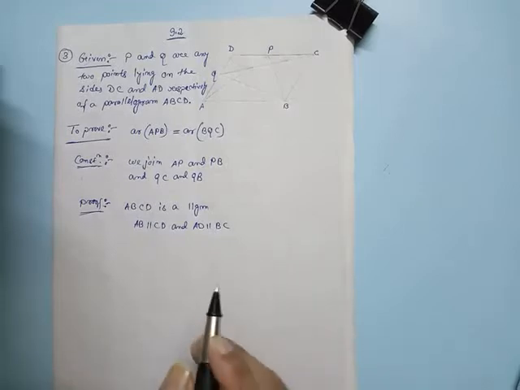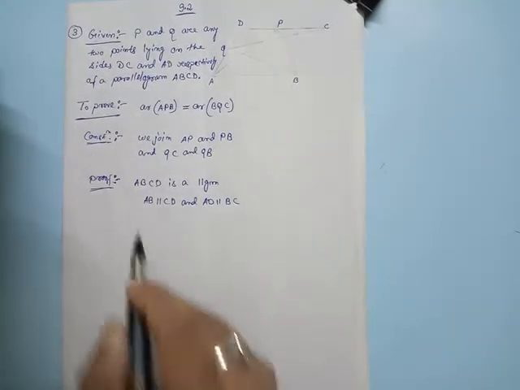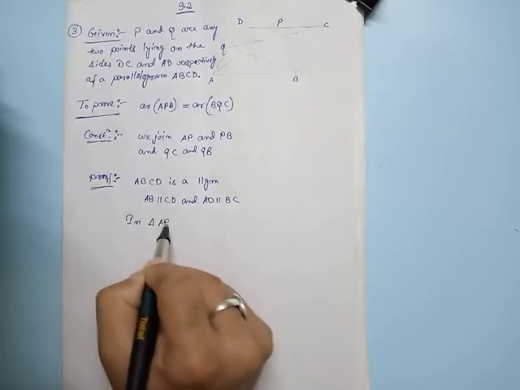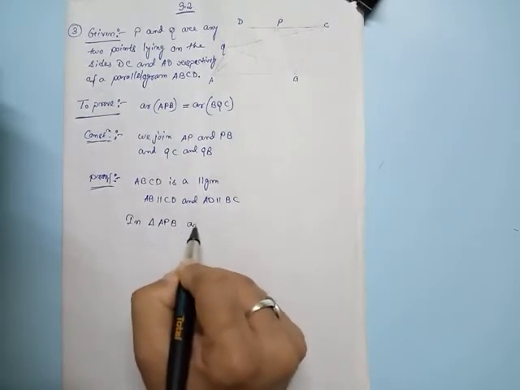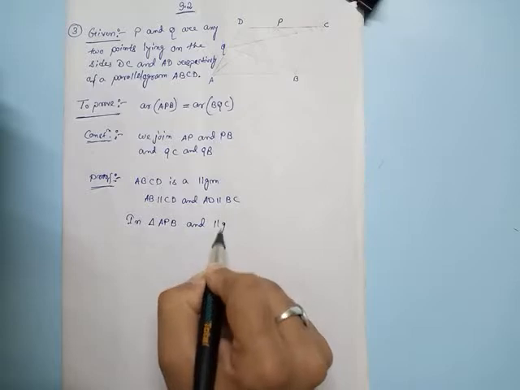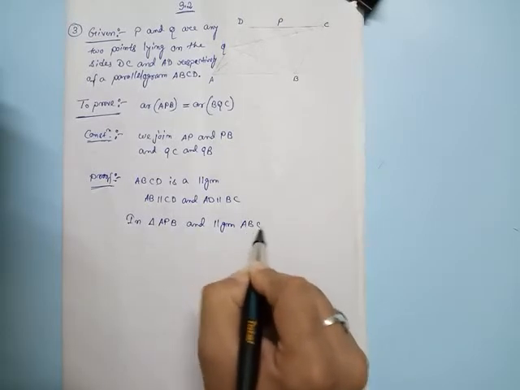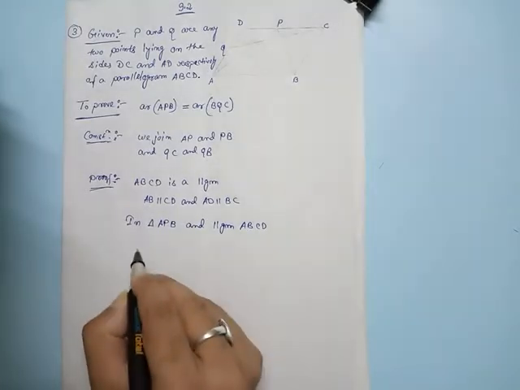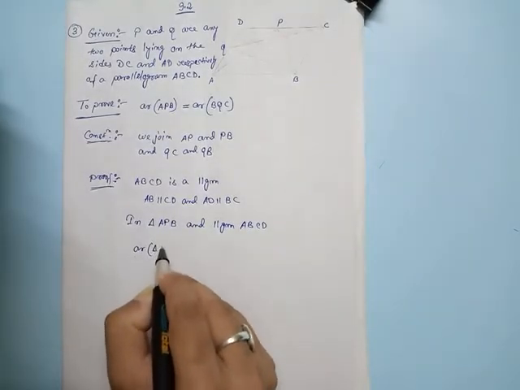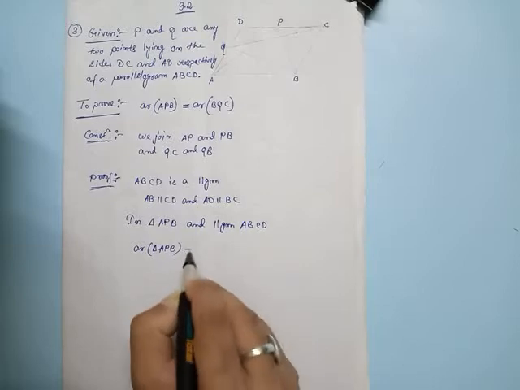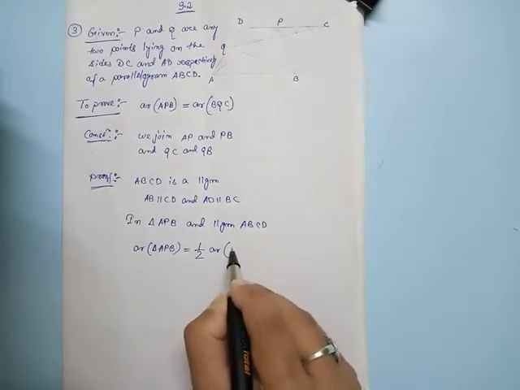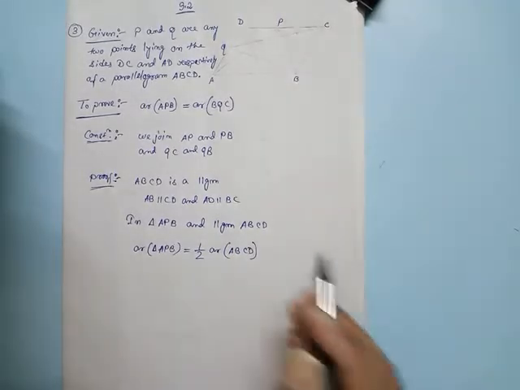So I will write here in triangle APB and parallelogram ABCD, area triangle APB equal half area ABCD. Now what is the reason here?